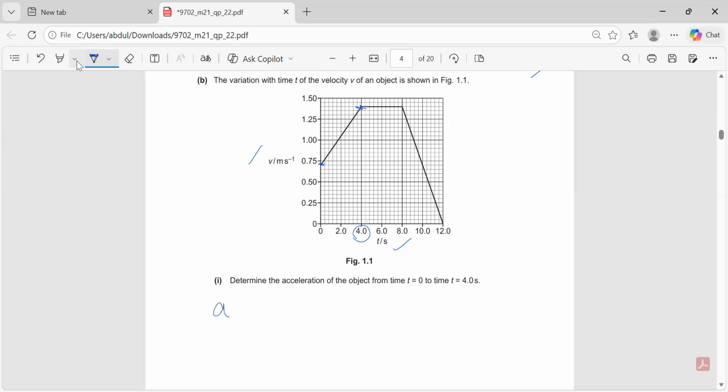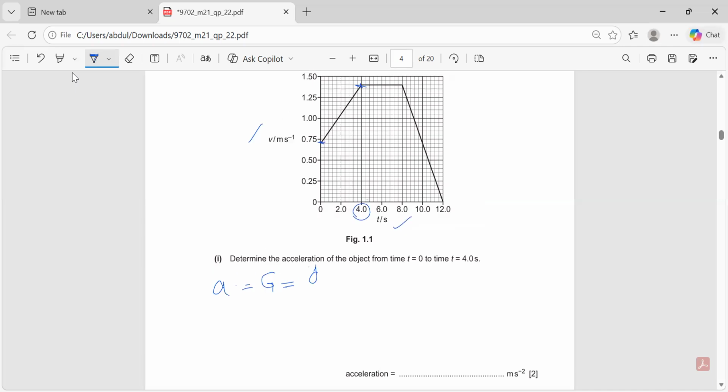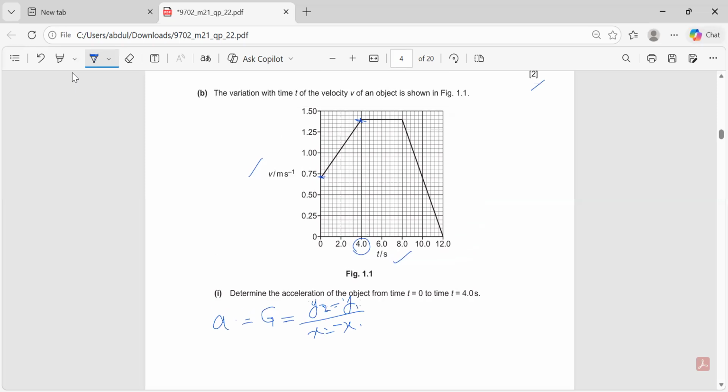So acceleration is equal to, I'm writing capital G for gradient, my dear friends, so that we can save time. So capital G represents the gradient. That is basically y2 minus y1 over x2 minus x1. How many marks? 2 marks. So better we should write this one also. So y2 minus y1 over x2 minus x1.